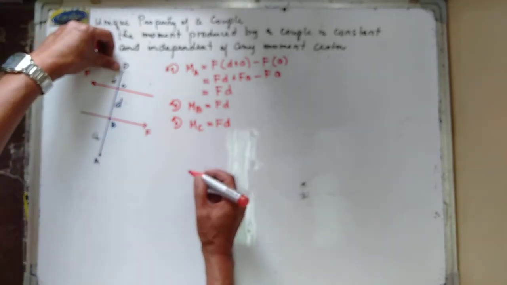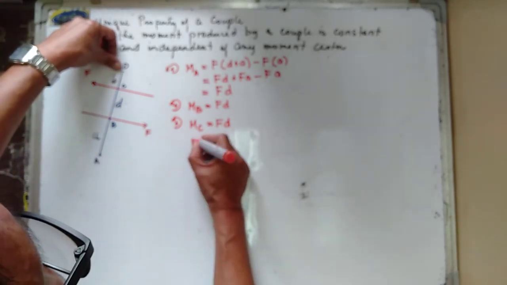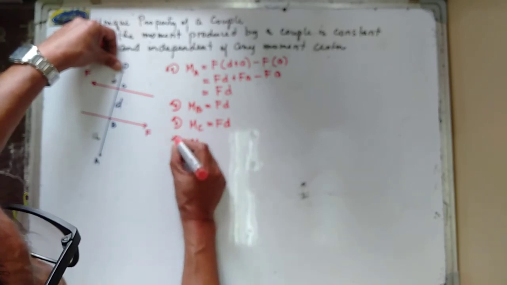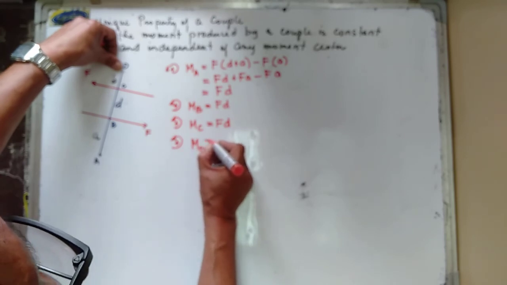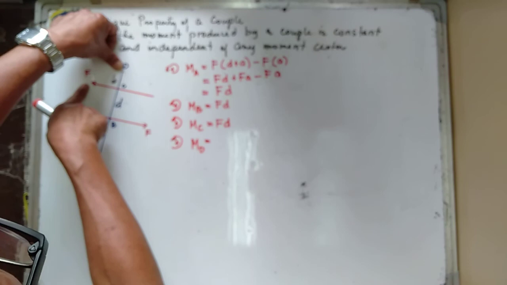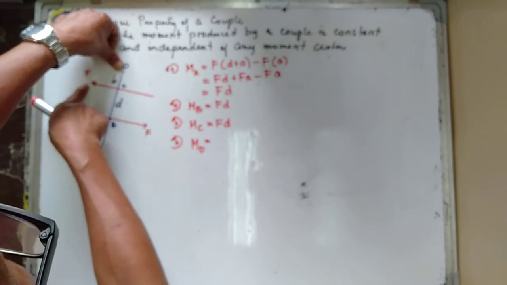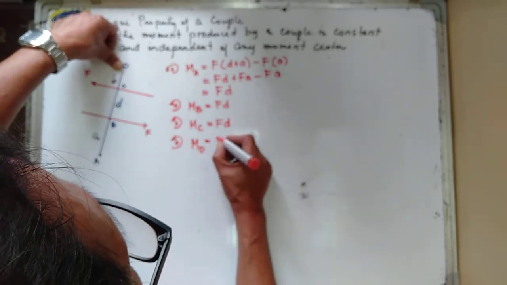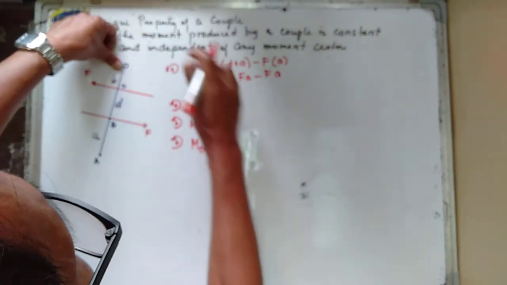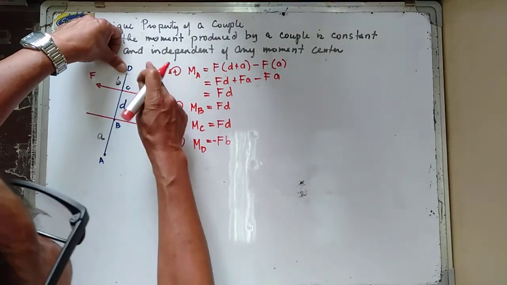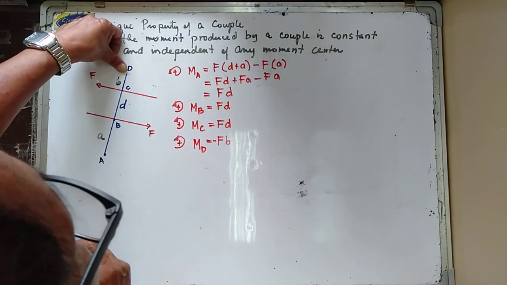And if you're going to take moment about point D, counterclockwise moment is still considered positive. So this is the first force, which is F, multiplied by B. That is going clockwise, and therefore it is minus.